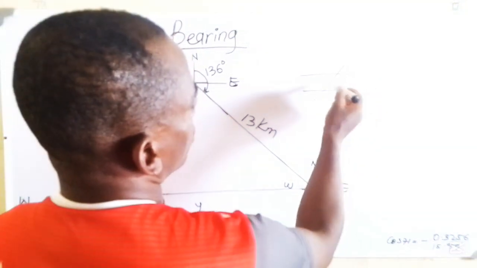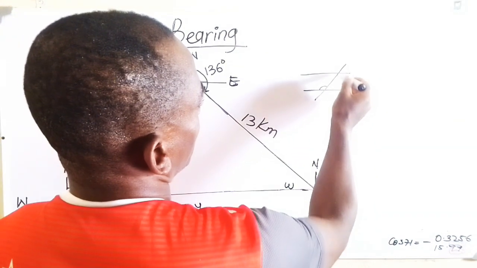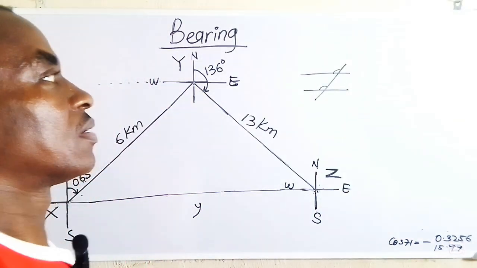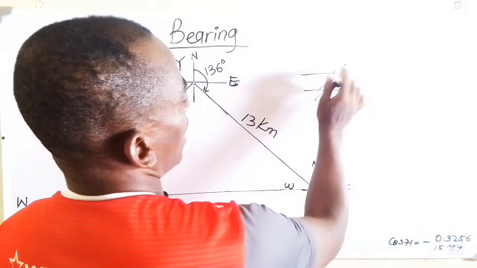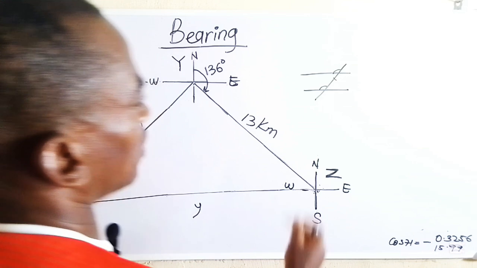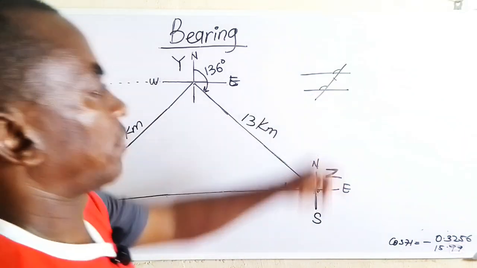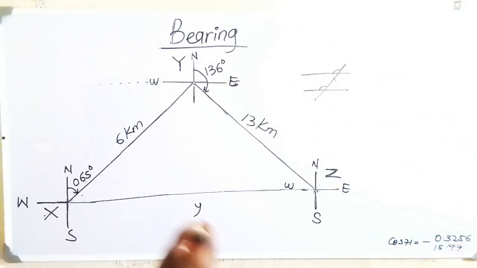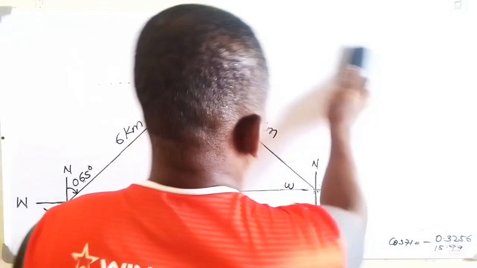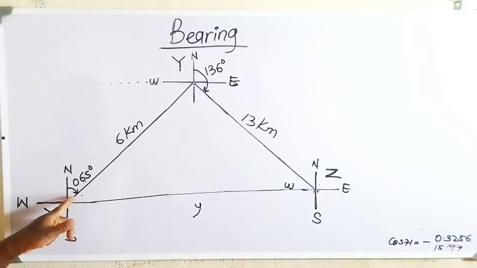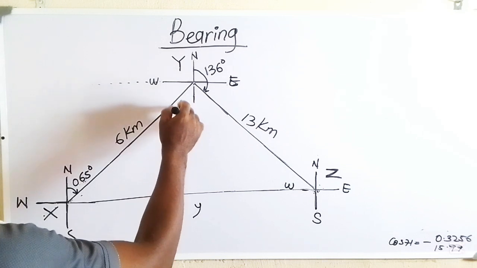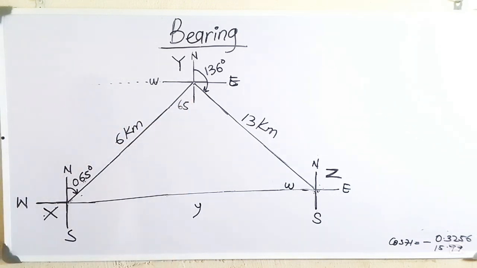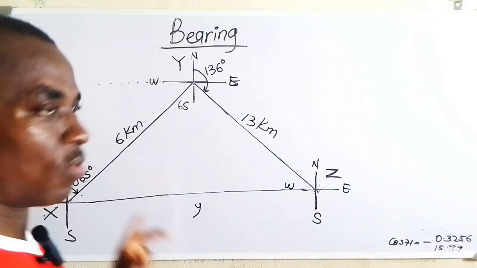Then these angles are alternate angles. Alternate angles. So here now we see 65. It makes an angle here of 65 because alternate angles are equal.